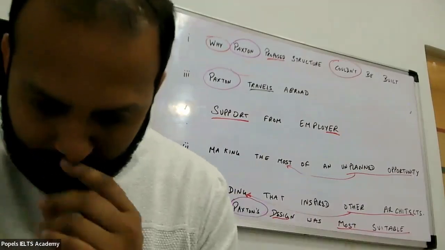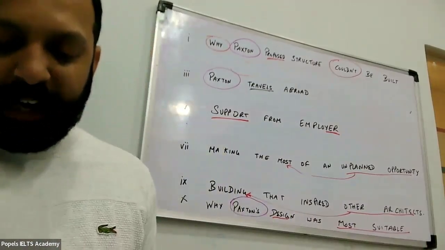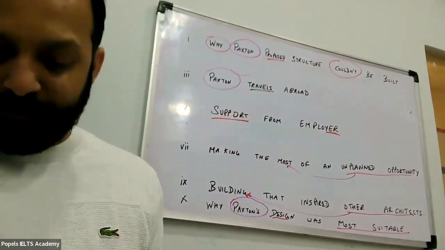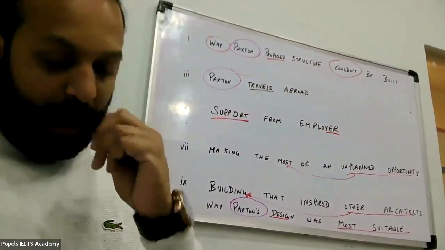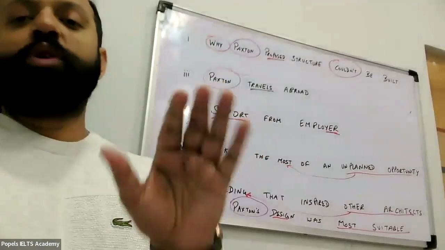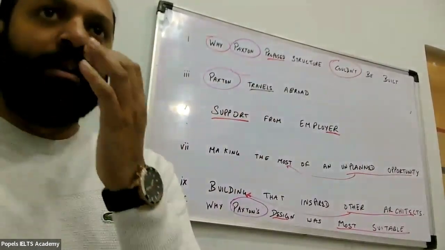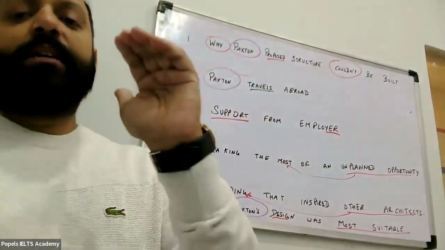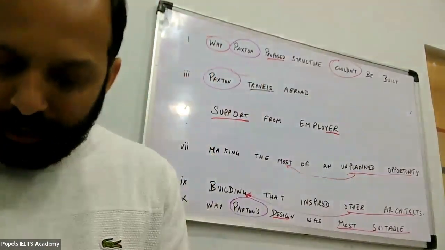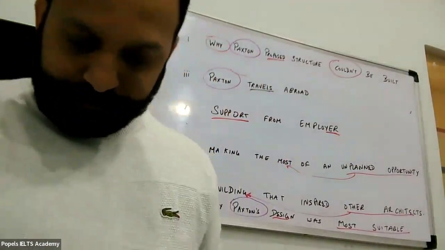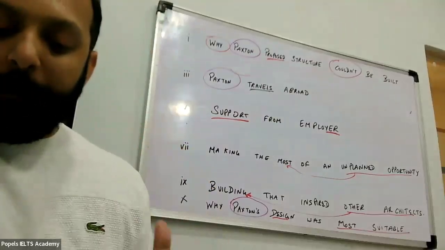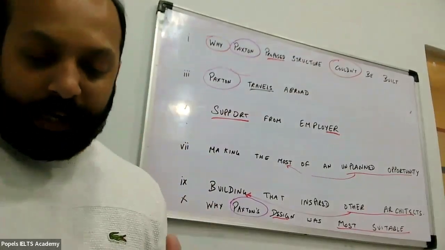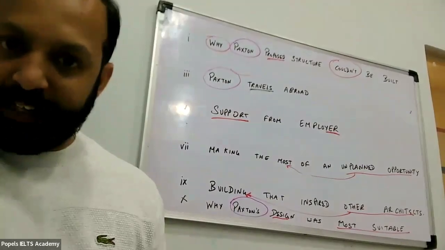Now, let's proceed further. Though one has been accepted as the least bad option and was well into its planning stage. So, one was the option that was not better, but least bad. Paxton happened to be in London to attend a business meeting.